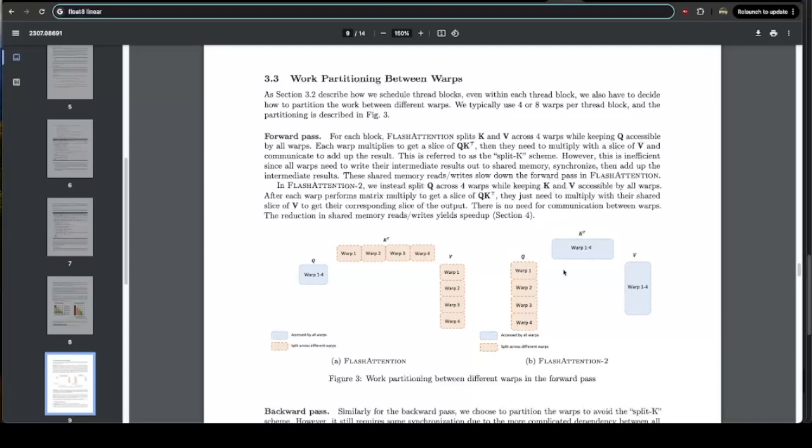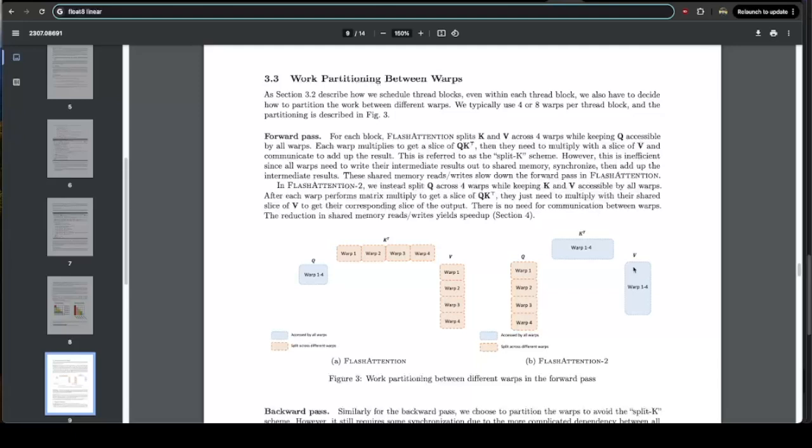So the key is that if you bring Q out to the outside loop, every chunk of Q is responsible for an independent chunk of O, right? And then you can parallelize that very easily, and you don't have to worry about any race on the inner loop, because the inner loop is read only, basically. So you don't care.